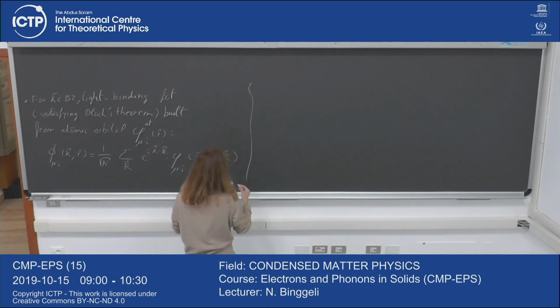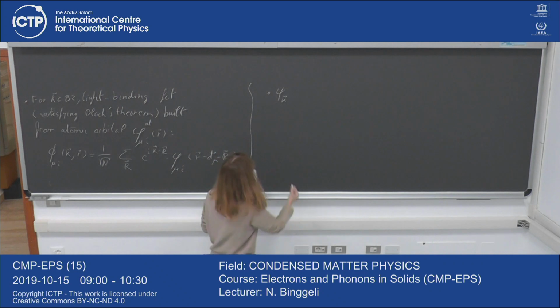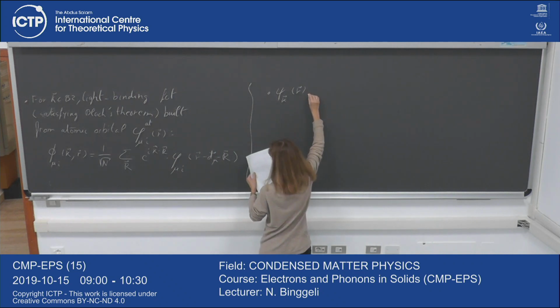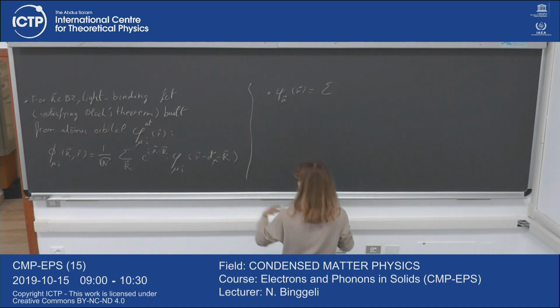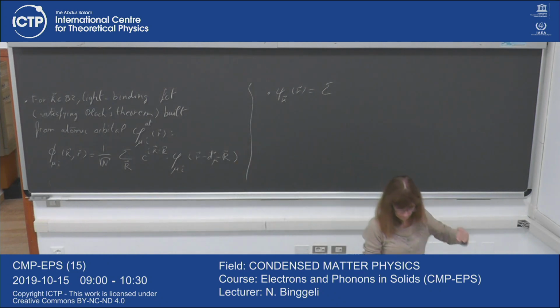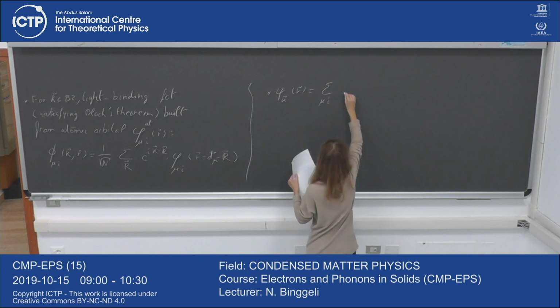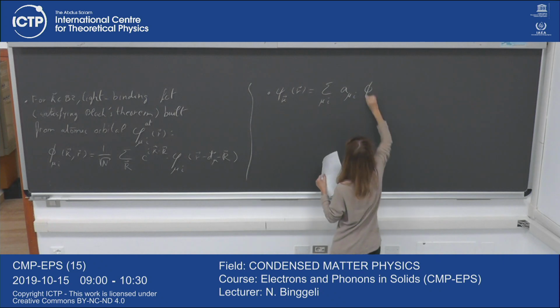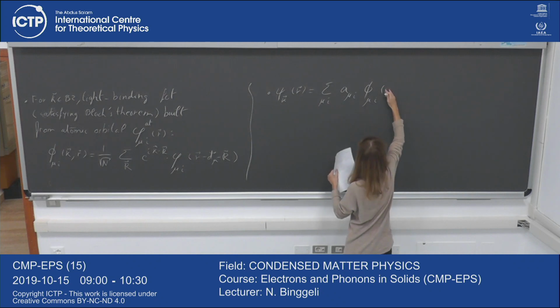And we had written the wave function in the crystal, psi of k r, as a linear superposition of the tight binding functions for the lowest energy states in the atom. So we sum here over the atom, over the type of atomic orbital, and with some coefficient, and this is our tight binding function of k r.